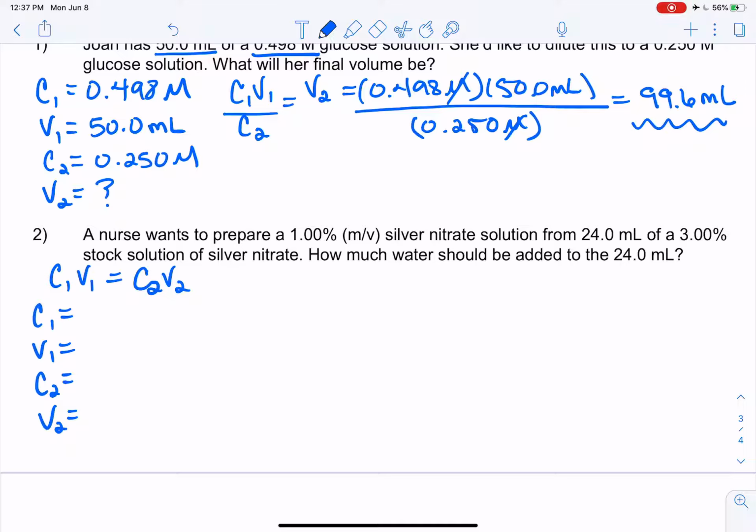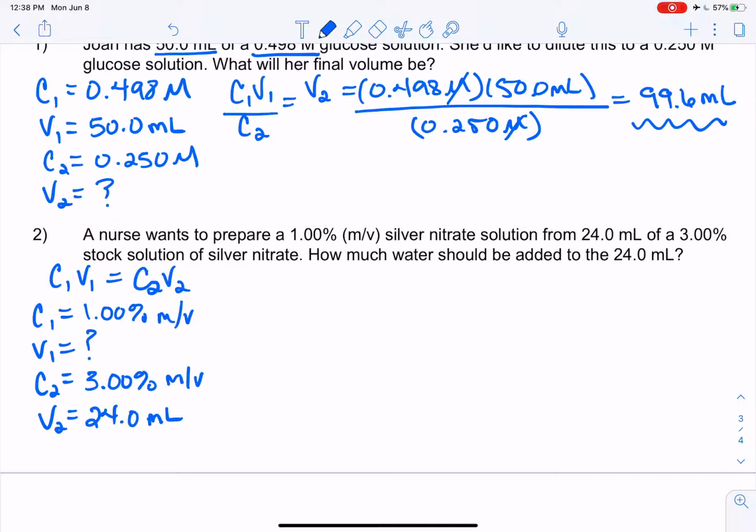Now, most students, they're going to fill in C1, V1, C2, V2 in the order that the question lists the information. So if you did 1% M over V here for the first concentration, and then you have a question mark at V1, and then you said C2 is 3% M over V, and V2 is 24 milliliters.